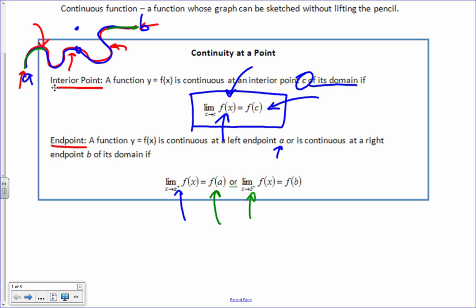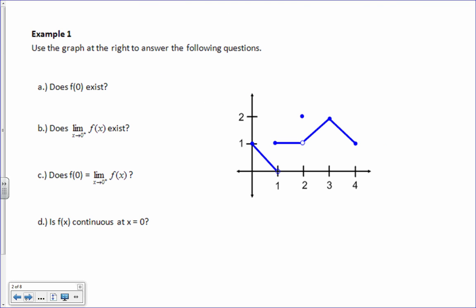Some people could say, oh, there's no hole there or something along those lines. But once again, you notice it says of its domain. So there are going to be some functions that break that old definition of continuous. Let's try a few and it'll become clear if it is not clear already.